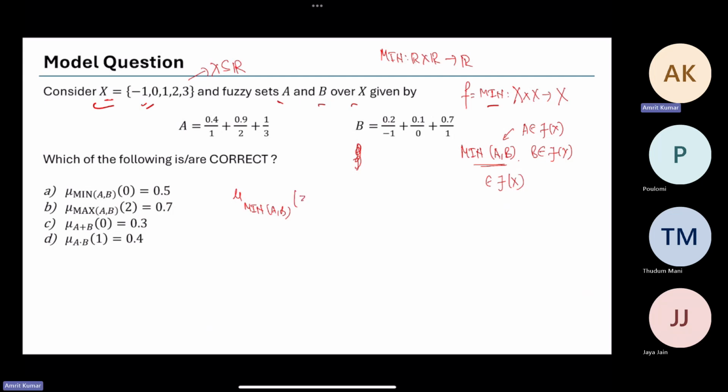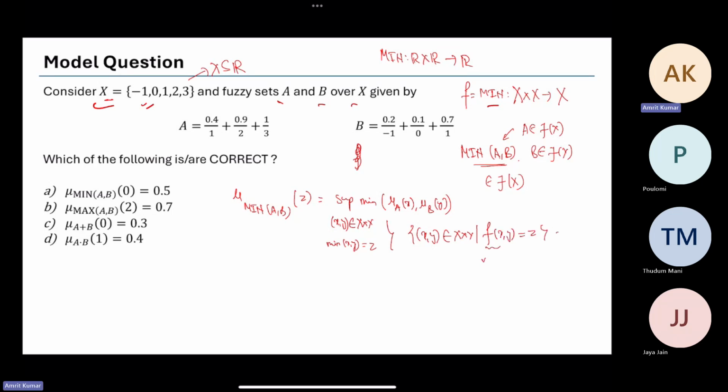And the membership of this is given in this manner. Right? So this is basically nothing but the supremum over the set of all x cross y such that f of x comma y is equal to z.